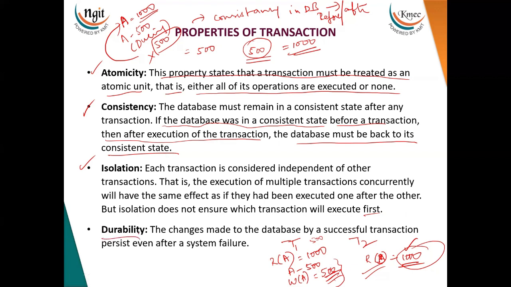Coming to durability, the changes made to the database by a successful transaction persist even after a system failure. So though there is any system failure, durability ensures that the database has to be updated successfully.